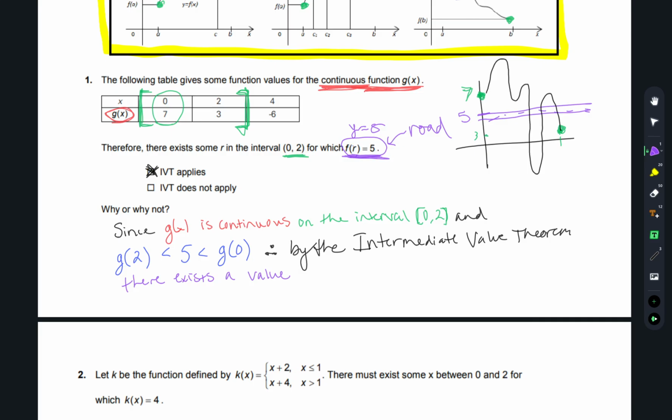This one, their value was R, a value R, such that f of R equals 5. That f of R represents where it intersects the road. So that's the perfect exact way you have to justify it. Is there any questions with that?